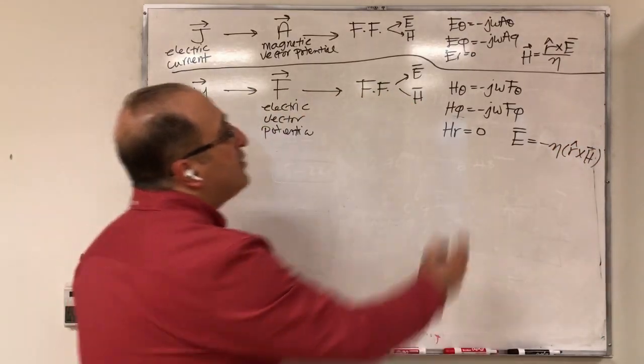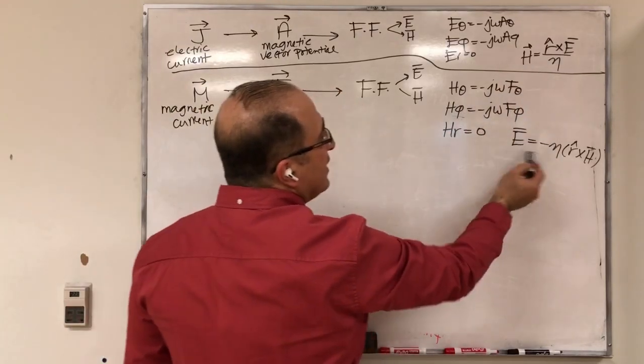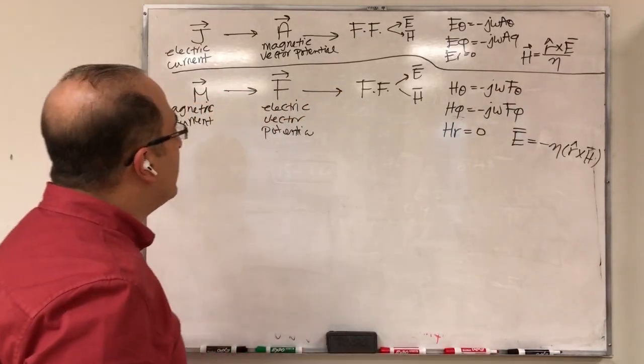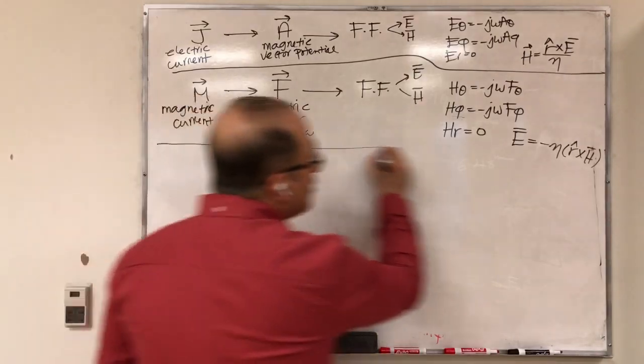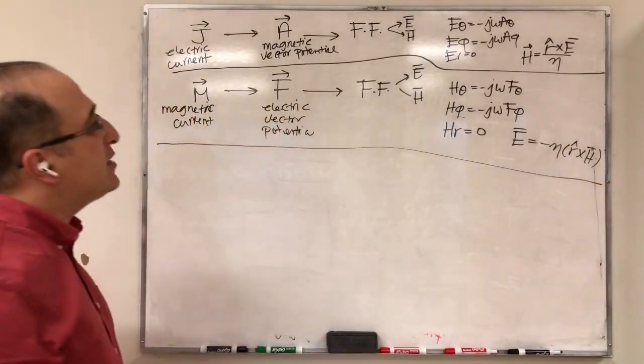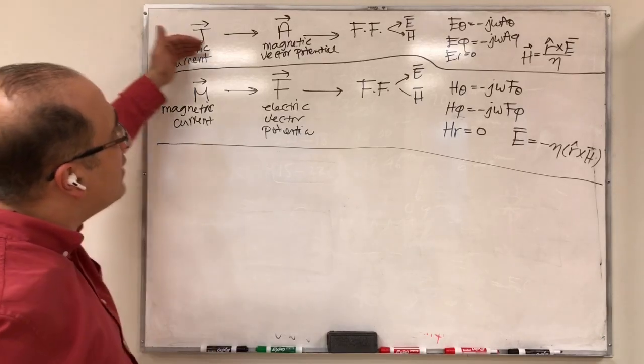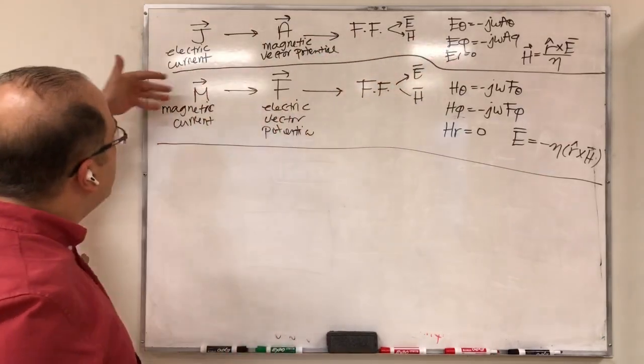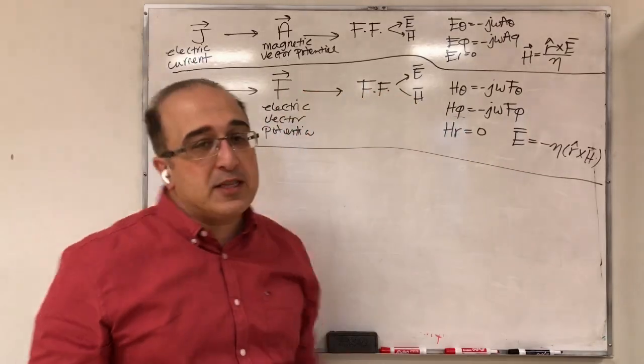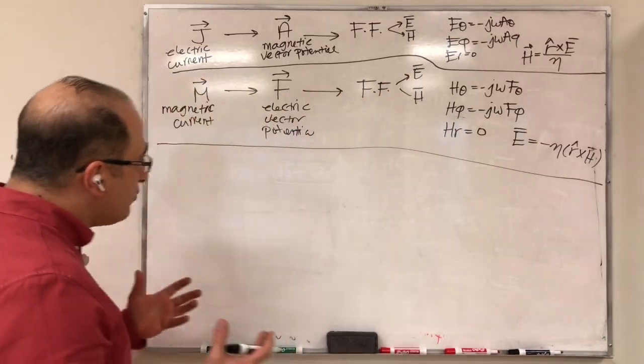So remember, H is eta times smaller than E, E is eta times greater than H. So that was the second method that we had in this course. If, for example, in the midterm exam, I give you electric current, you follow this. If I give you magnetic current, you follow this path.